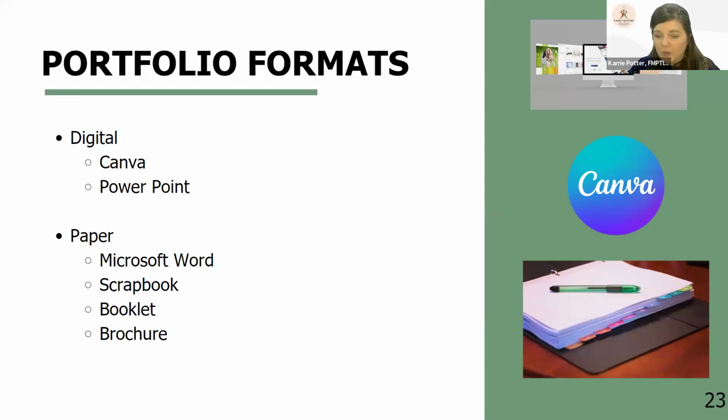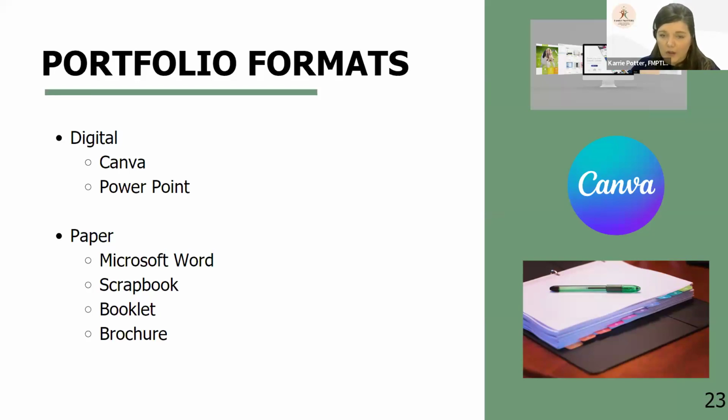I've seen really nice portfolios where a booklet was actually printed somewhere, and then they had so many copies made and passed those out to maybe IEP team members, people in the community, things like that. Some people have done a brochure format, or even used Microsoft Word and included pictures and text and things like that.